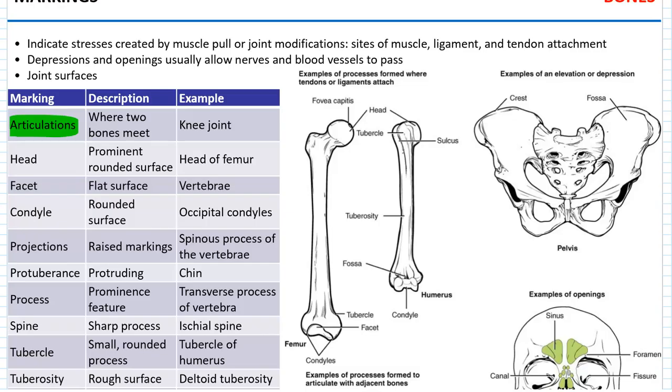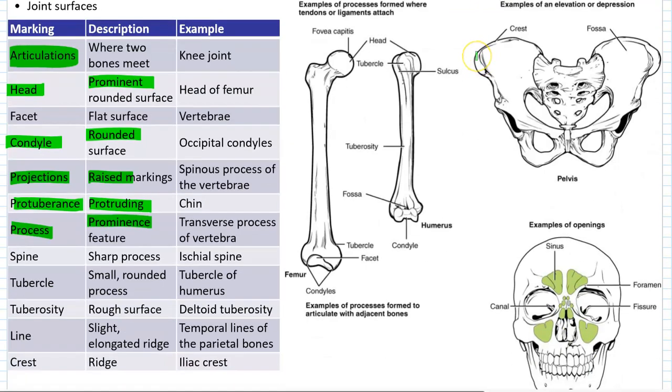And from now on, listen, we have various prominences. Take a look. Head, prominence. Condyle, rounded. Okay? Projection, raised. Protuberance, protruding. Process, prominence. Some kind of a protrusion.